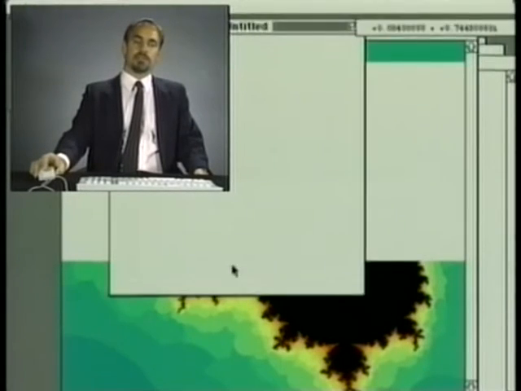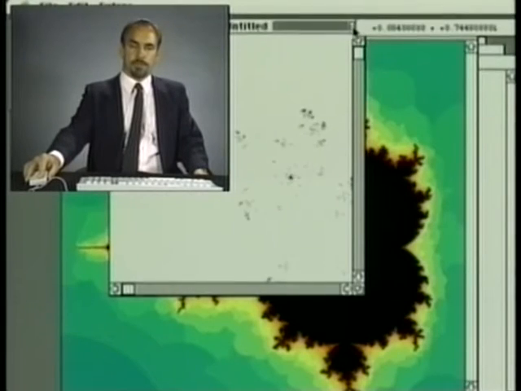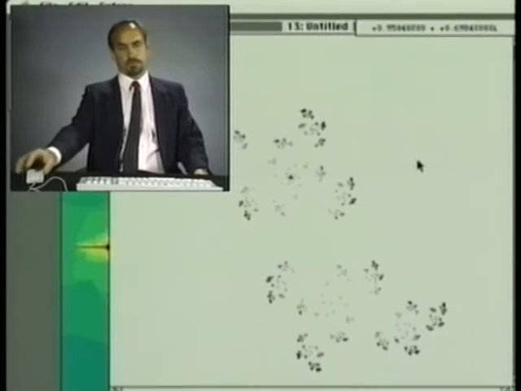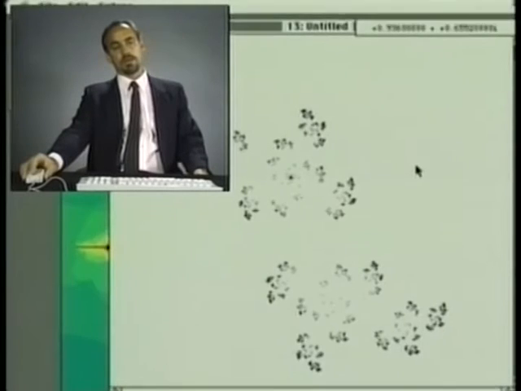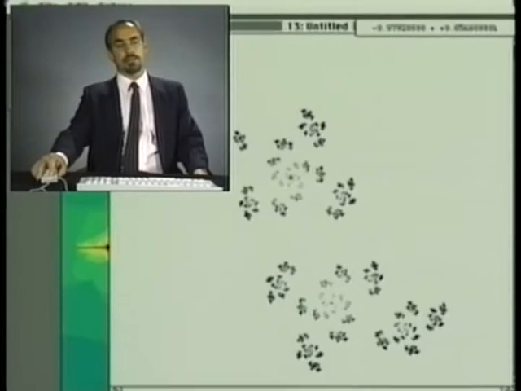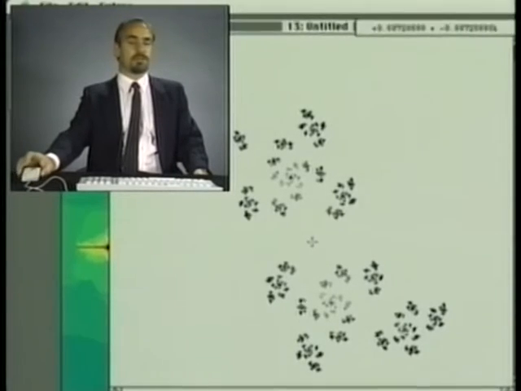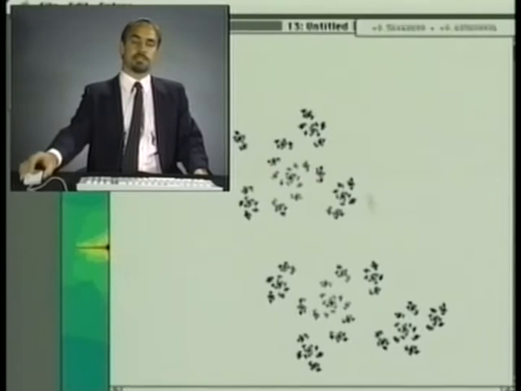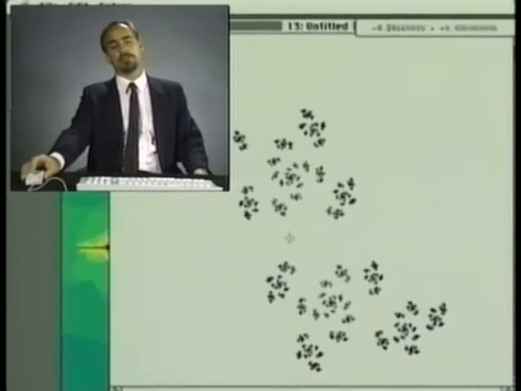Again, the Julia set appears to be something quite complicated, but you can see that it appears to be disconnected, and indeed, the orbit of 0 is unbounded. You can see also that it appears to be a dust. It clearly consists of two major pieces, each one of which breaks into two pieces, each one of which breaks up into further pieces, and that these pieces appear to get smaller and smaller.